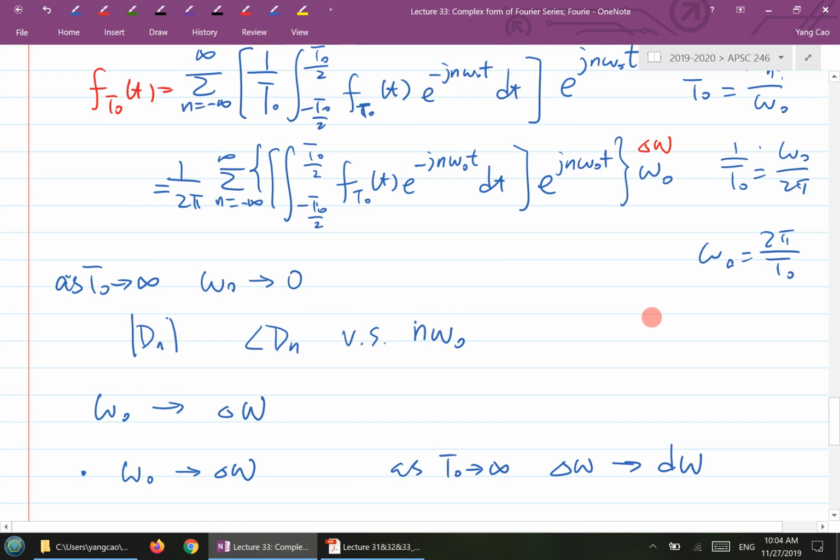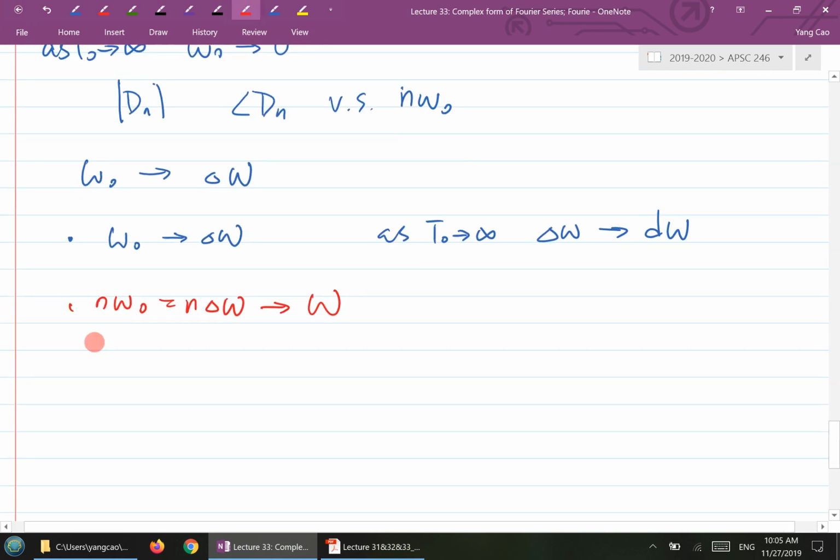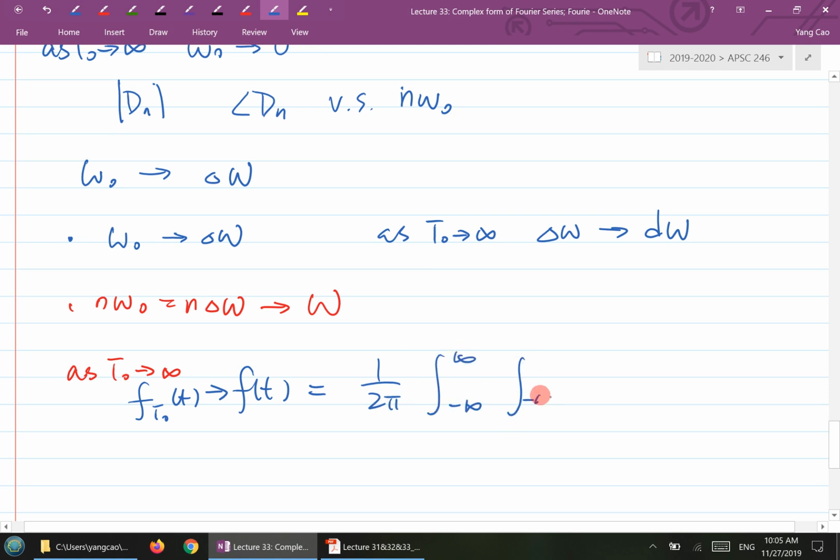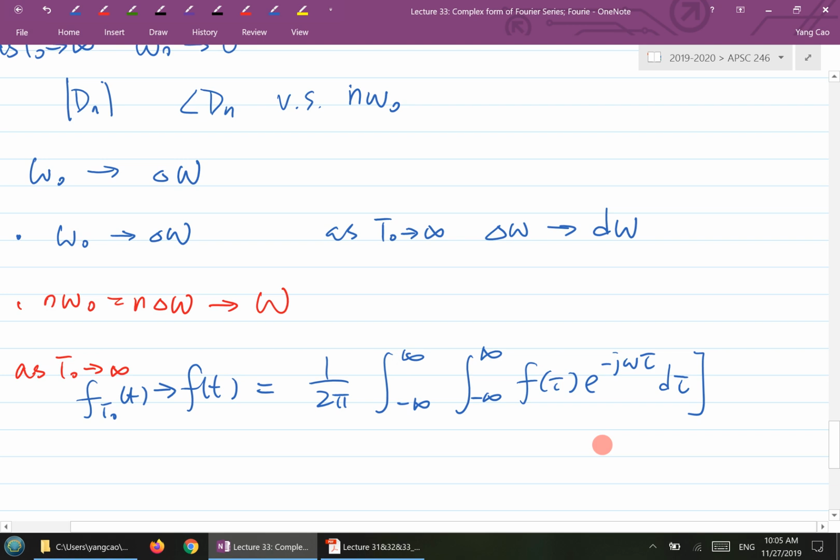And with this substitution, this function over here, as T naught goes to infinity, f of T naught t becomes f of t, and then this f of t can be written in a much cleaner way now.